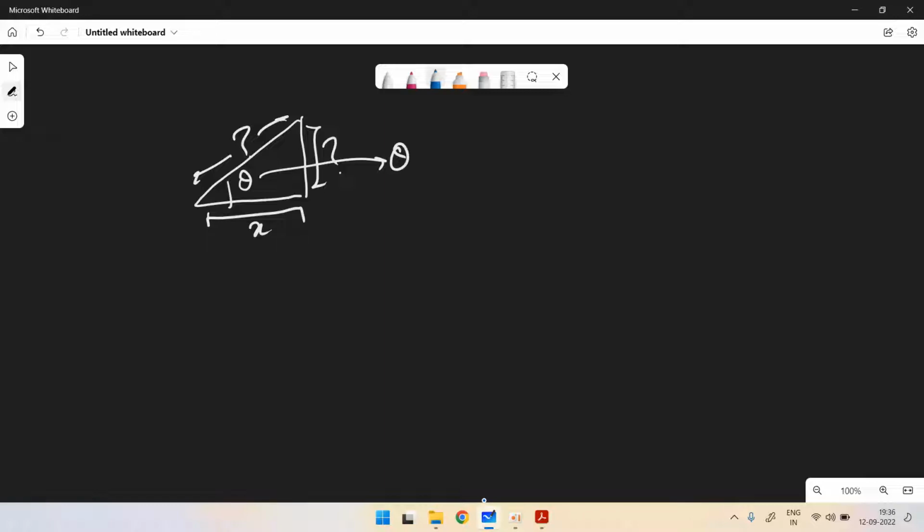I'm just taking an example. The basics of this is, let's suppose this is my angle theta. This is a person standing on the ground.